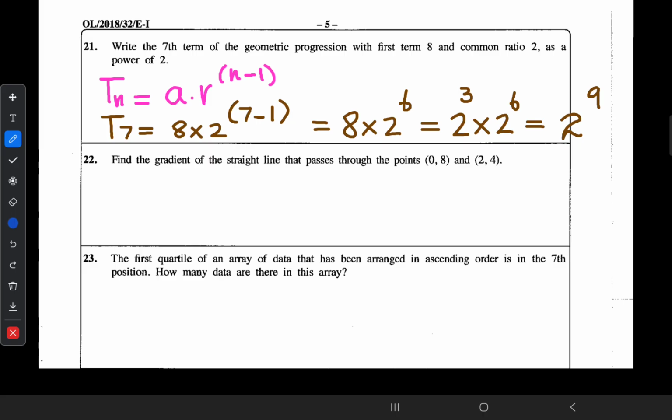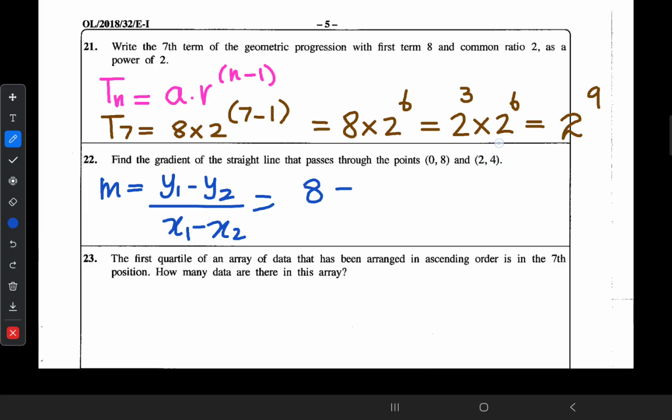Find the gradient of the line; there are 2 points given. There is a formula: the y coordinate difference, y1 minus y2, should be divided by the x coordinate difference. I will denote this one as y1, so 8 minus y2.